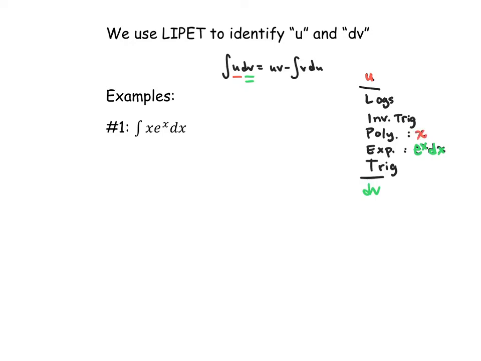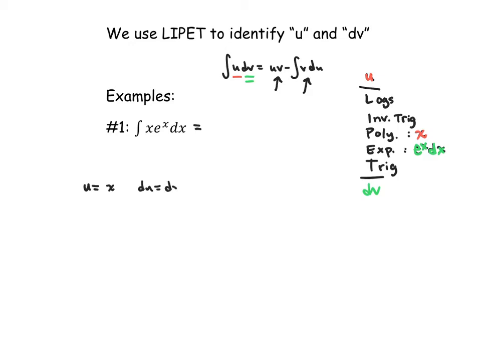So the integral of x e to the x dx will be equal to u times v, taking this directly from up here, uv minus the integral of v du. It takes some of the guesswork and the algebra out of it. I'm just identifying u and dv, and I then have to find v and du. If I know that u equals x, I'm going to need du.